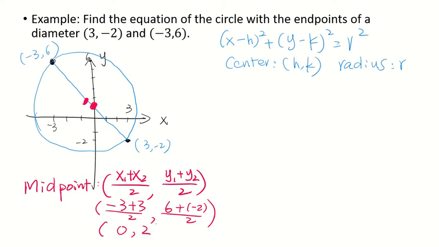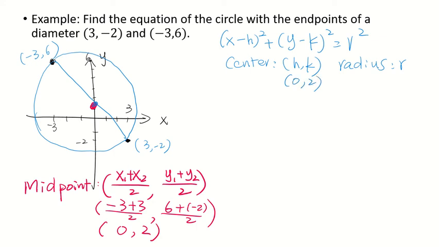So it's somewhere actually here, right? So this midpoint is actually the center of the circle. So we know the center, (0, 2), we just got it.